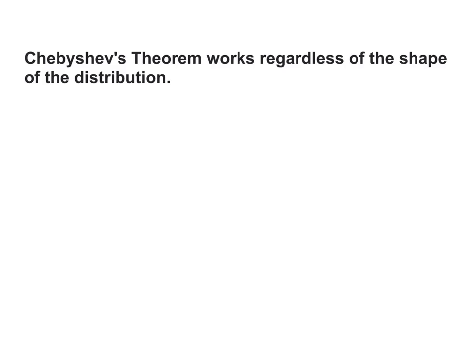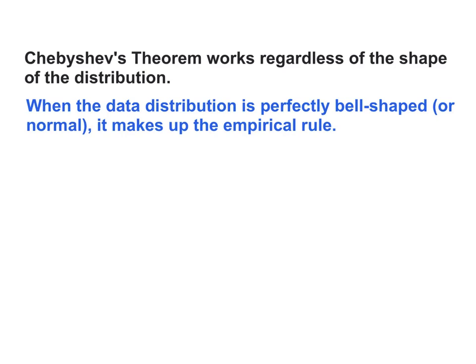That being said, when the shape is perfectly bell-shaped, or a normal curve, and we're going to talk about normal curves and normal distributions later in the year, that makes up the empirical rule. So if you hear talk of the empirical rule, they're telling you that the distribution is a perfect bell-shaped curve.